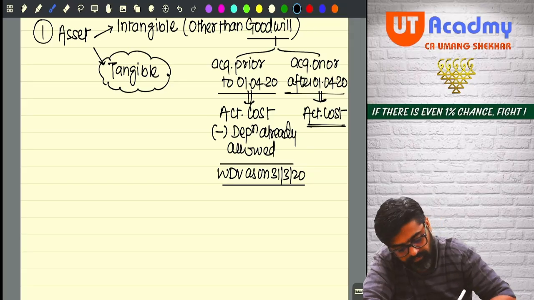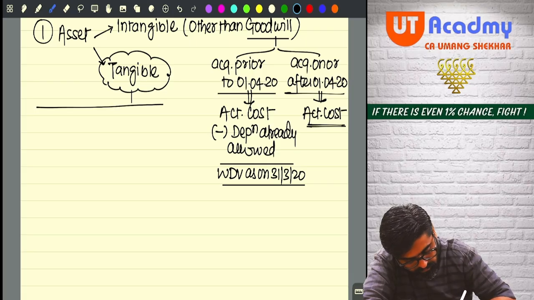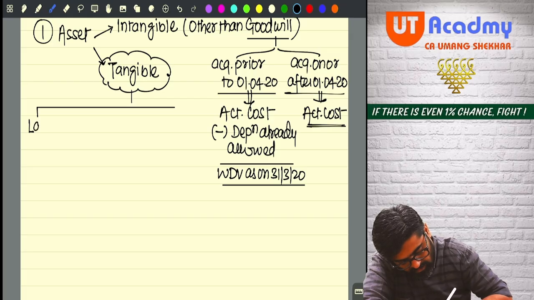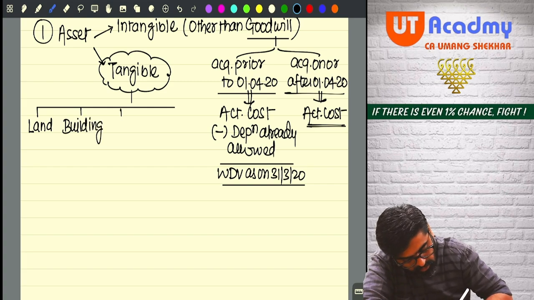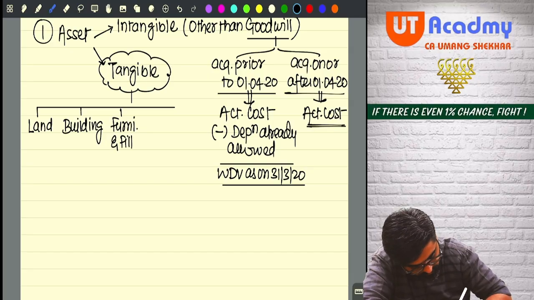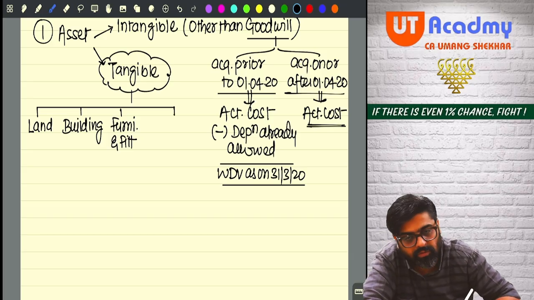Tangible assets. What type of tangible assets you can use? Come on, tell me. Can you use land? Yes. Can you use building? Yes. Can you use furniture and fittings? Yes. Can you use other assets?